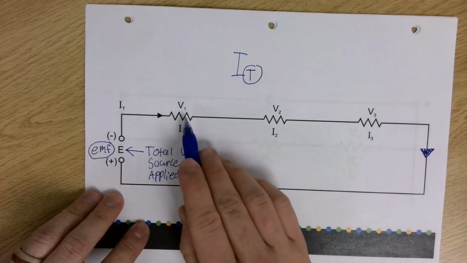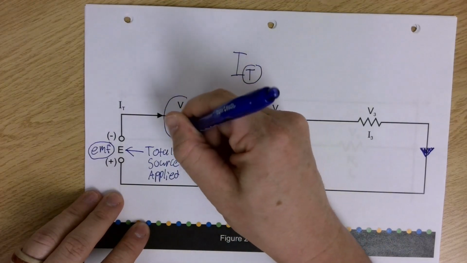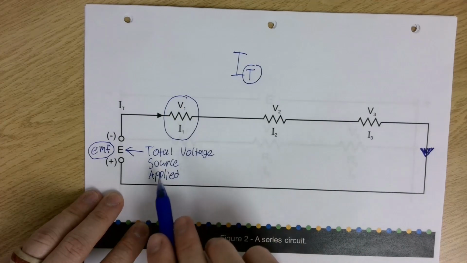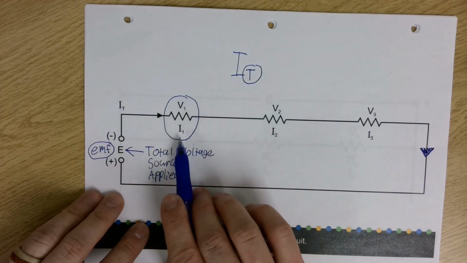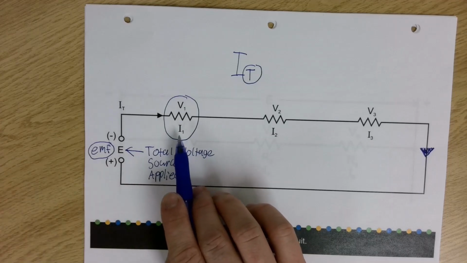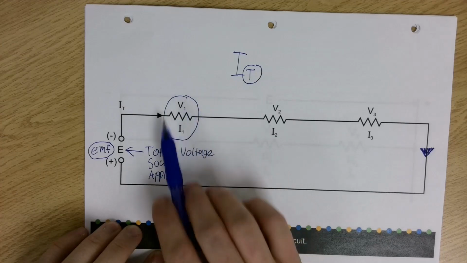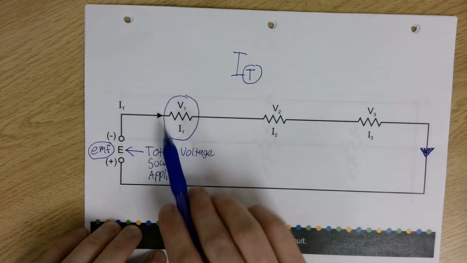Throughout the circuit, you have V1 and I1. So that's the voltage and current of this particular point, right? I1 is the current at this particular spot, and V1 is the voltage at this particular spot.